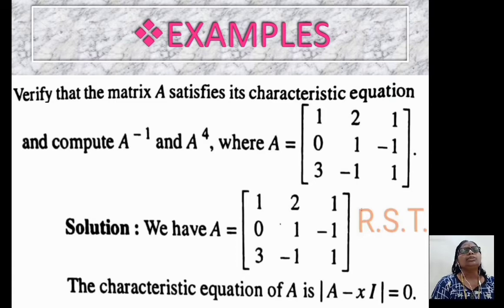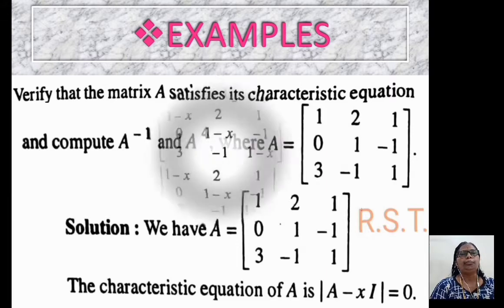First, in the solution, write the given matrix A. We know that the characteristic equation of matrix A is determinant of A minus xI equal to 0.